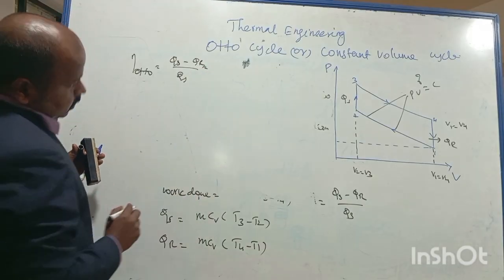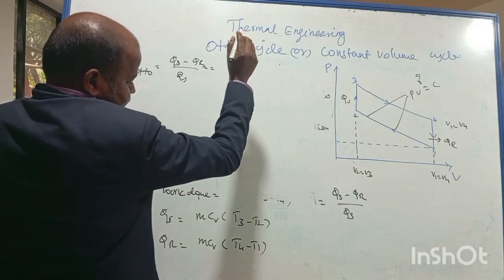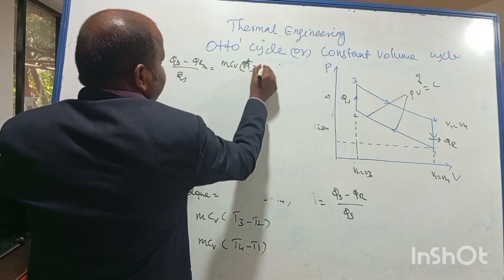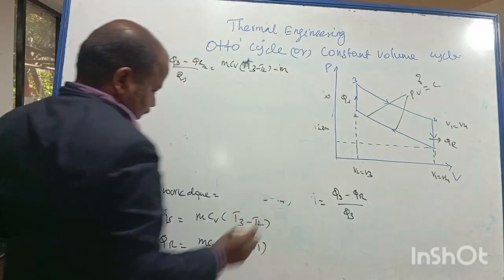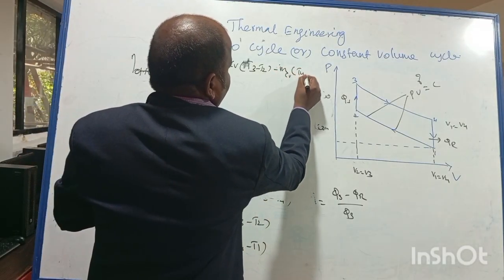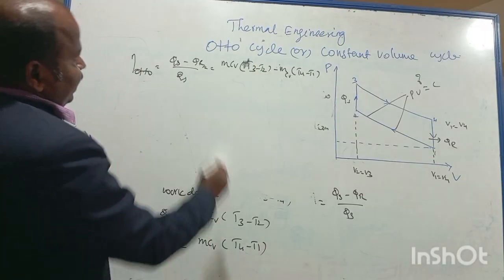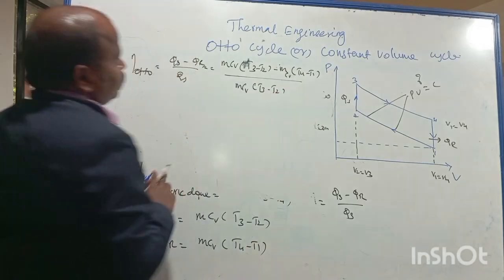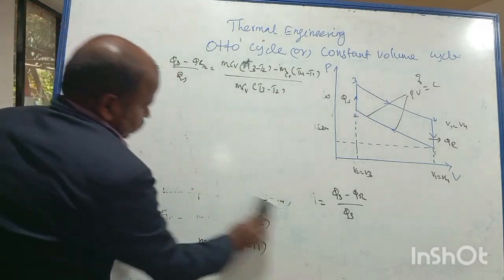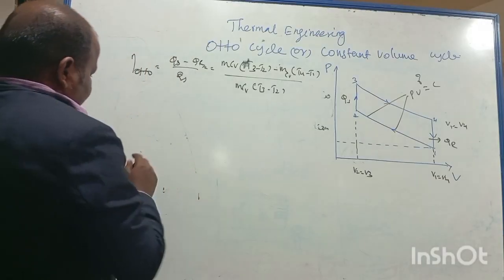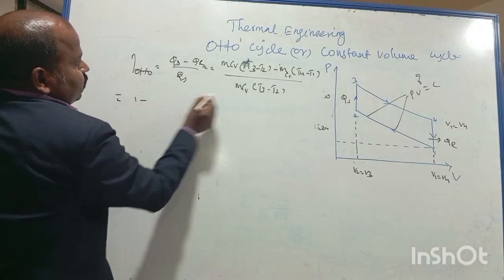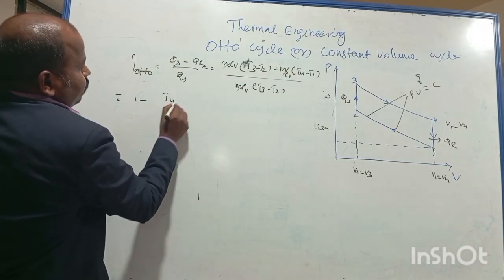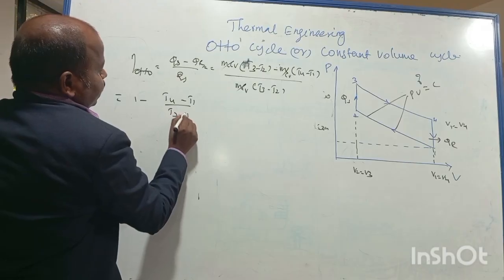Qs is equal to mCv into (T3 minus T2), minus QR, mCv into (T4 minus T1), divided by the heat supplied, that is mCv into (T3 minus T2). Now we are going to simplify this. We can neglect the common term mCv, so it becomes 1 minus (T4 minus T1) divided by (T3 minus T2).